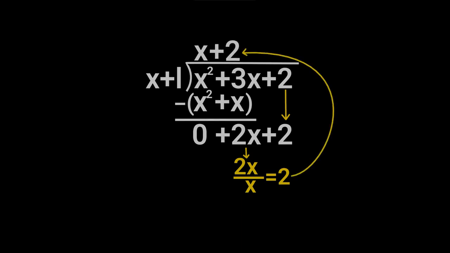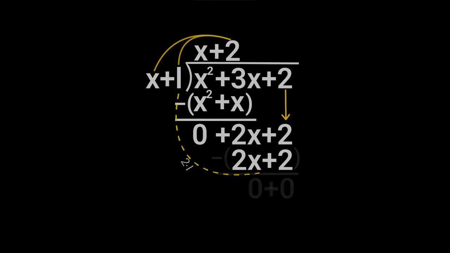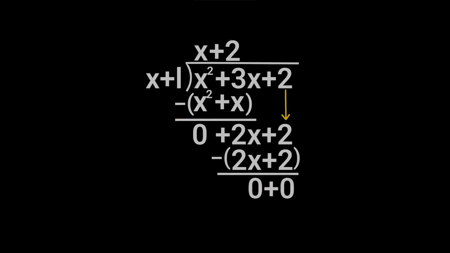Now we're gonna multiply that 2 with the divisor. 2 times x will give us 2x, and then 2 times 1 will be 2, and then we gotta subtract. Now if we subtract, we got 0 and 0. What that means to us is that we are done.